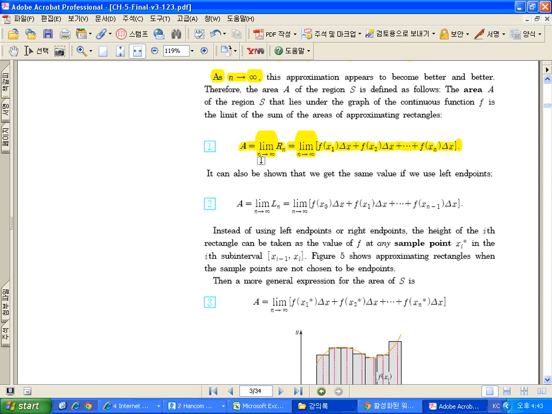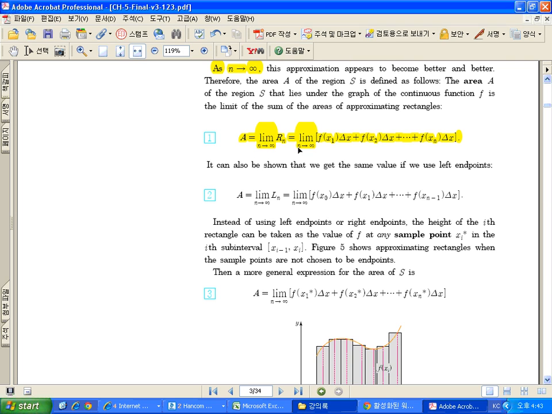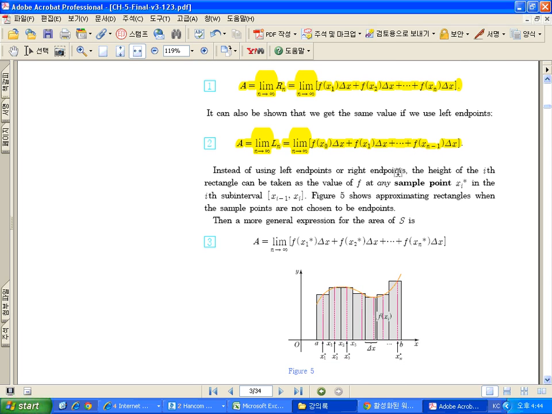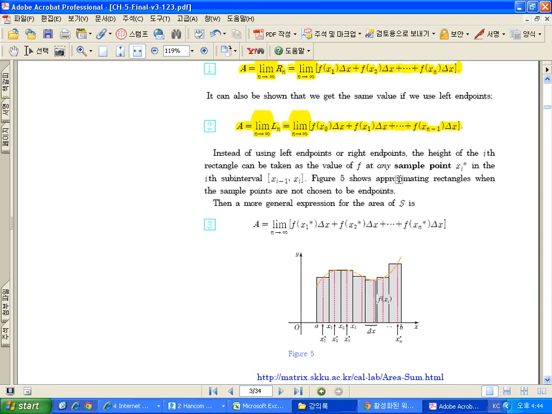The R_n will converge to the area that we are looking for. If we choose the right-hand side height, then we can use R_n here. If we use the left-hand side height, then we may use L_n instead of R_n to take the limit. But eventually they will converge to the same area.